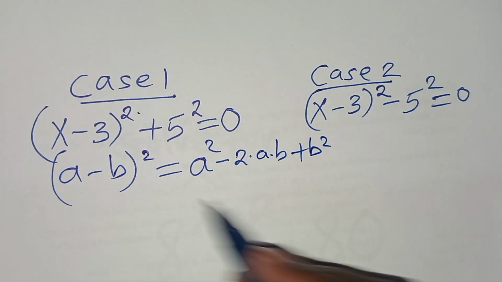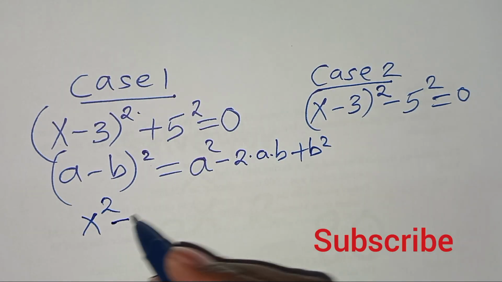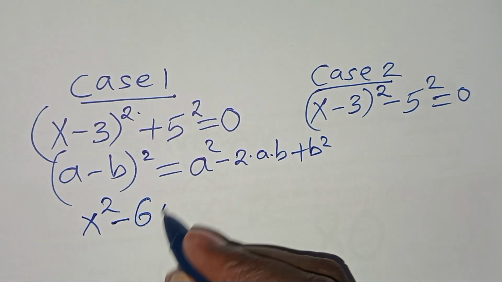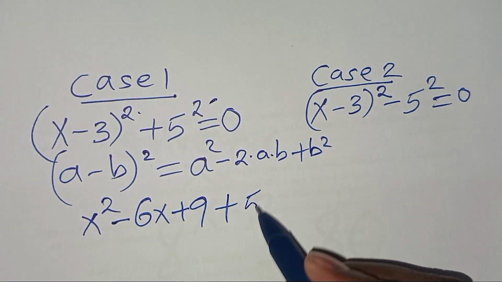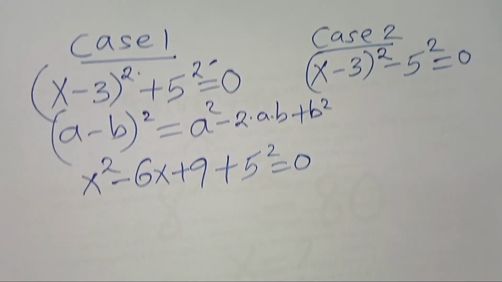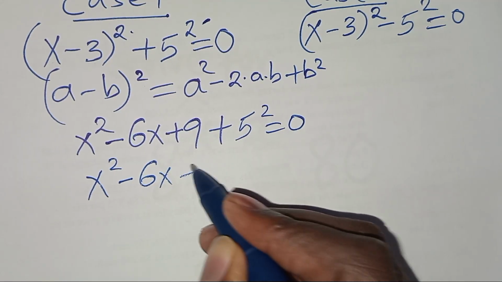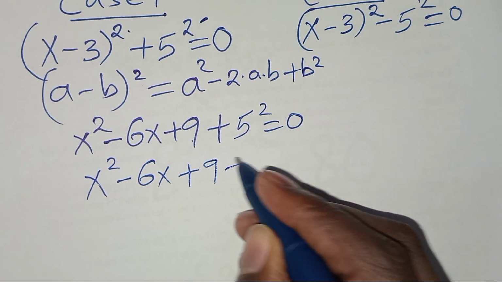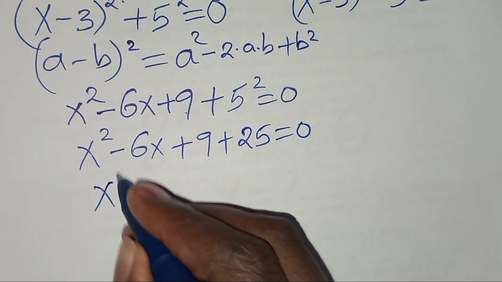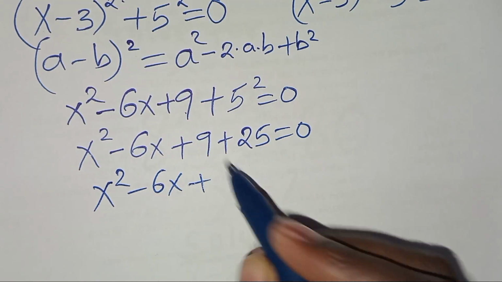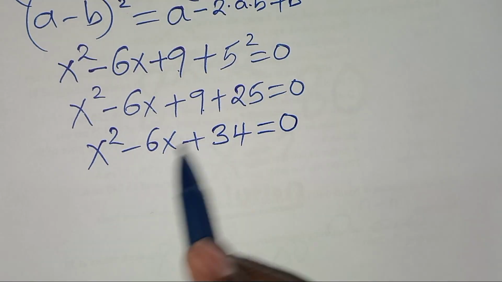Now, applying this algebraic identity, we'll have x^2 − 2 times 3x, which is 6x, + 9 + 5^2, which is equal to 0. Now we have x^2 − 6x + 9 + 25 = 0. Now 9 plus 25 is 34, so x^2 − 6x + 34 = 0.